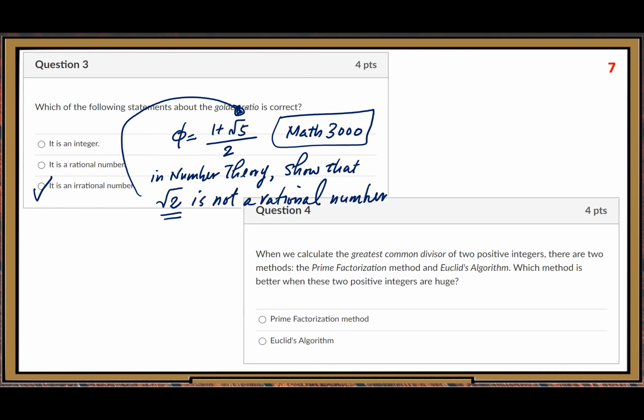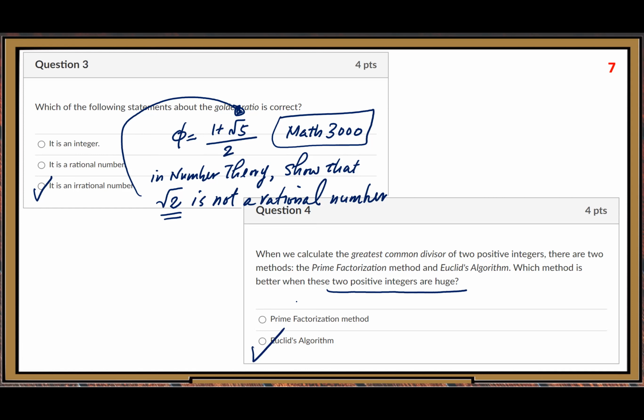Number 4, when we calculate the greatest common divisor of two positive integers, two methods. So we compared prime factorization method and Euclid's algorithm. Which one is better when two positive integers are huge?